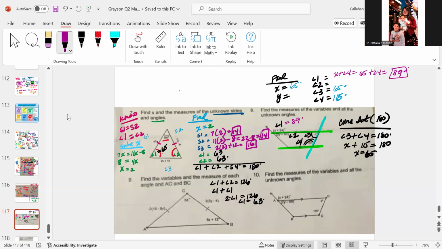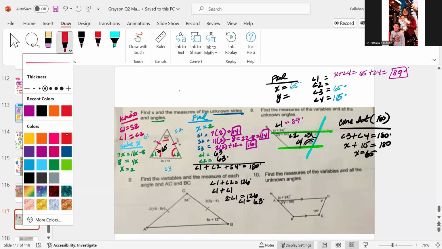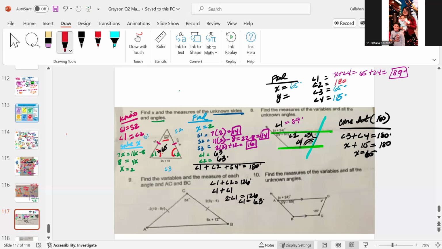If angle 1 equals 89 degrees, do you see how angle 2 and angle 1 add up to 180 because they make a straight line? So angle 2 is 180 minus angle 1, which is 180 minus 89, which is going to be 91 degrees.